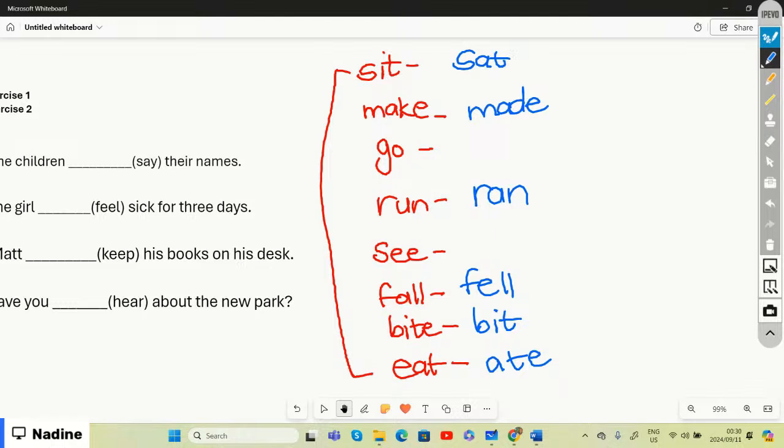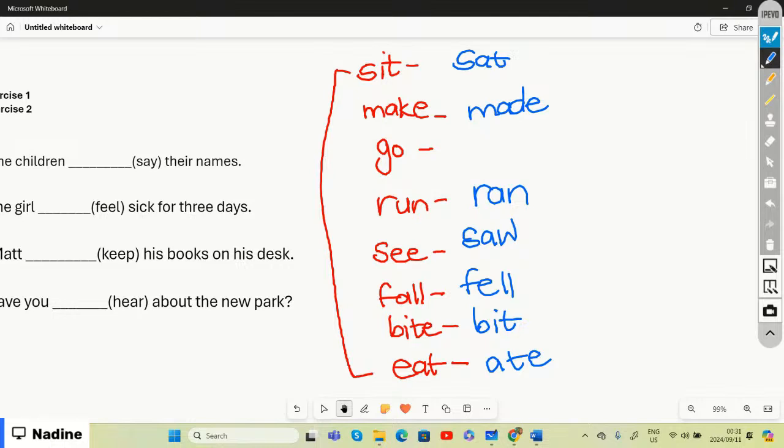I see the car. Yesterday I saw the car. What is the past tense of go? I go with my mom to the store. Yesterday I blank with my mom to the store. What is the past tense of go?